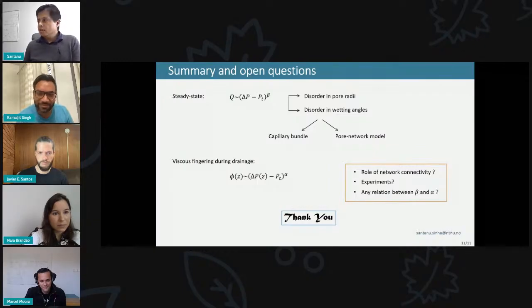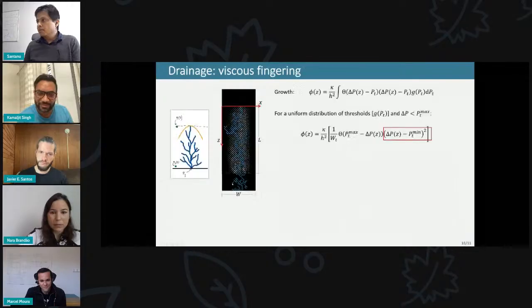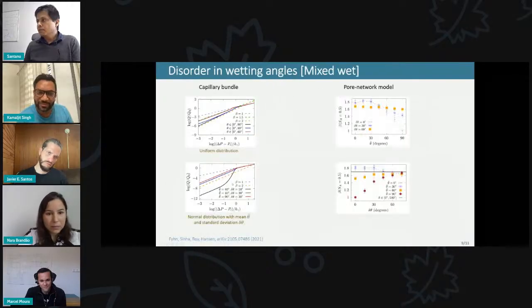A big difference in the sense that here we have, for example, these two plots basically. For now we have only looked into this nonlinearity, how the total flow rate varies with the total pressure drop in the steady state.